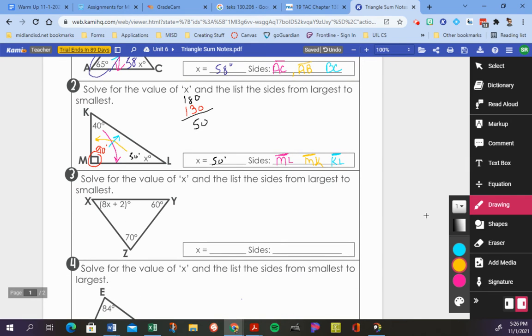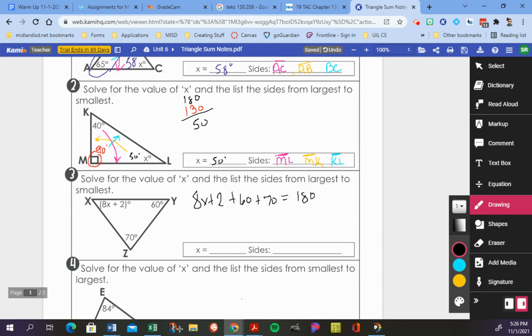Number 3, this one has an equation in it. So we have to get our calculator out. So on the calculator, we're going to set up an equation. 8x plus 2 plus 60 plus 70 equals 180.